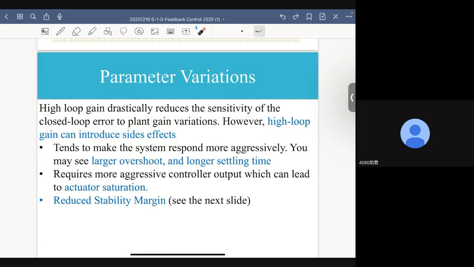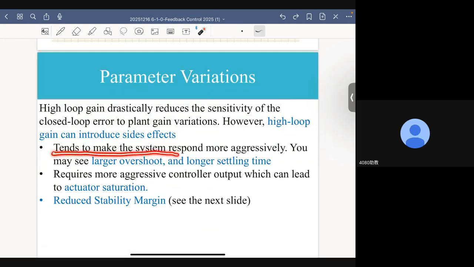Up to now, we have talked about a lot of good things about increasing L, how increasing L can reduce my error. However, there is a catch. There are some side effects we need to be aware of.